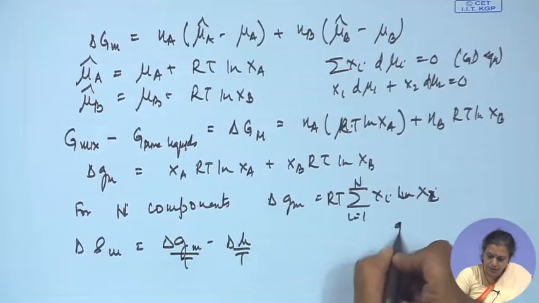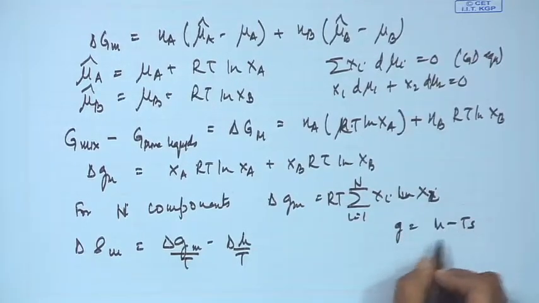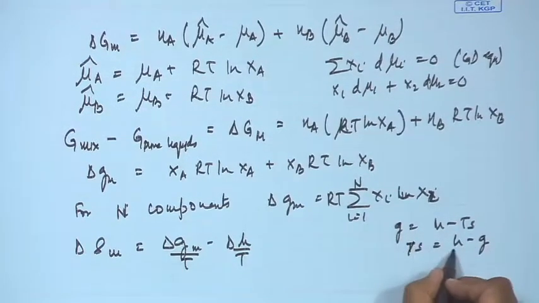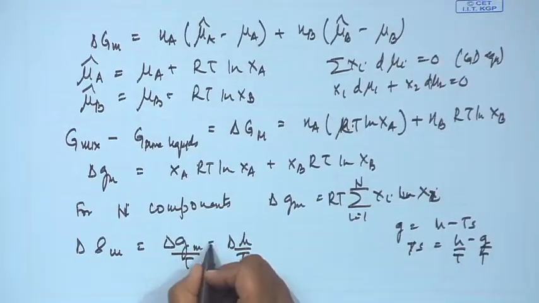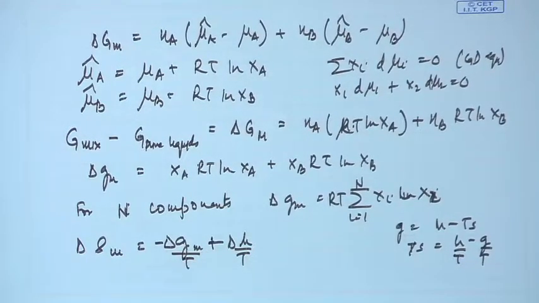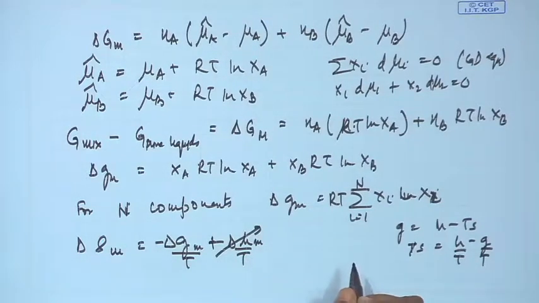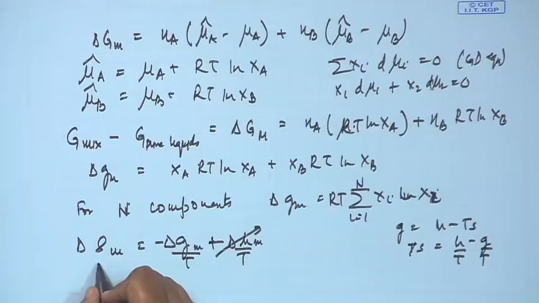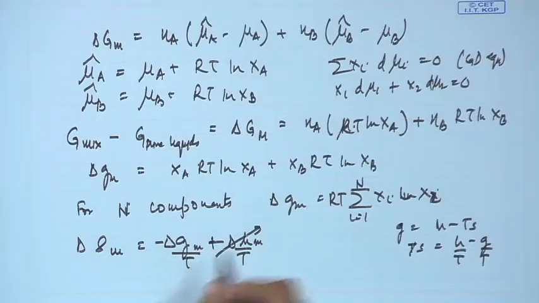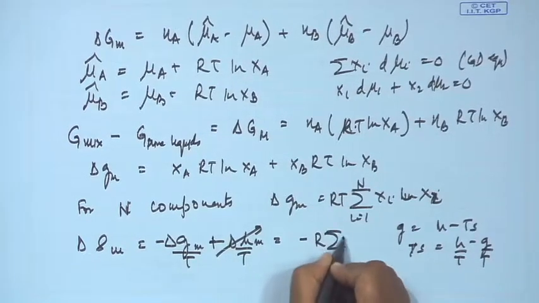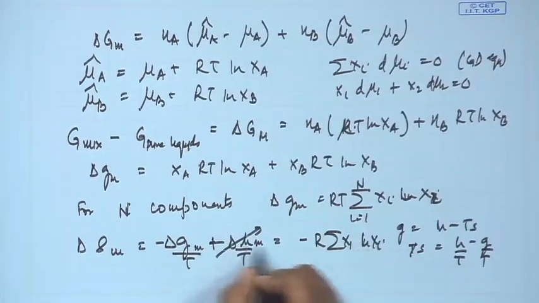We know G equals H minus T S. So, T S is nothing but H minus G, or in other words S equals this, sorry. So, this is going to be plus, this is going to be minus, fine. We know this term delta H m is 0. So, what is delta S m? It is nothing but minus delta G m by T, which in this particular case gives you minus R sigma x i ln x i, right.